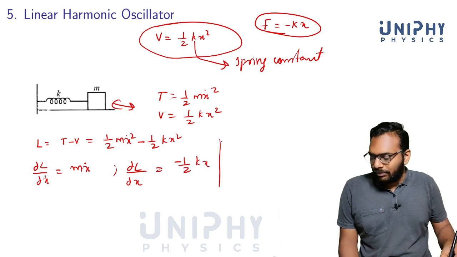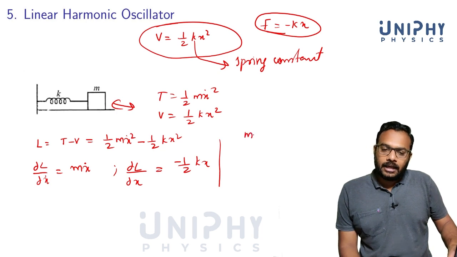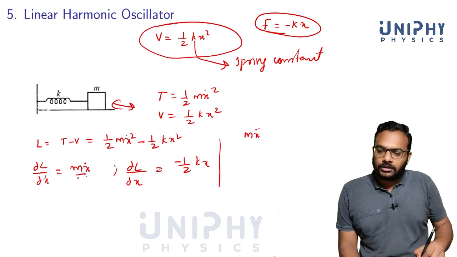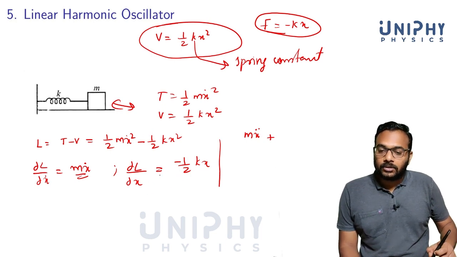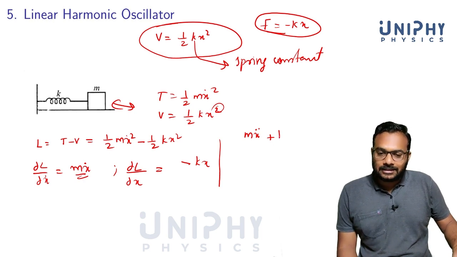Combining this, the equation of motion is d/dt of m x dot plus kx, because ∂L/∂x is minus kx. The half is gone because there's a square here, sorry about that. So m x double dot plus kx equals 0.